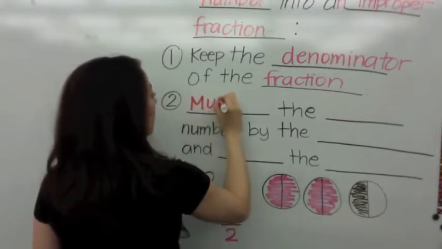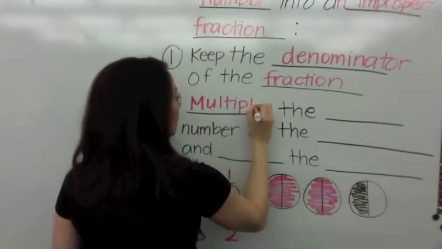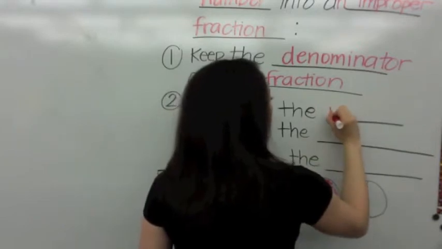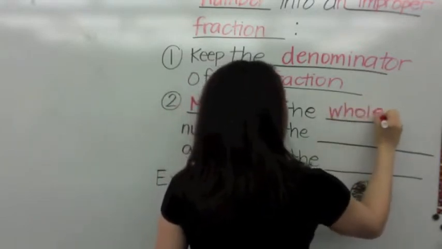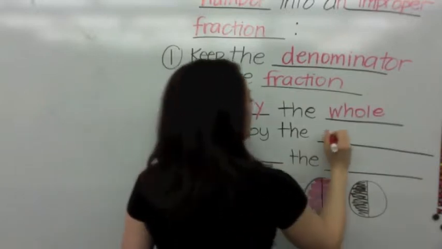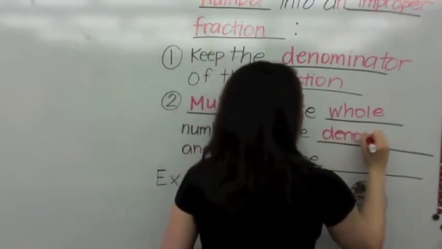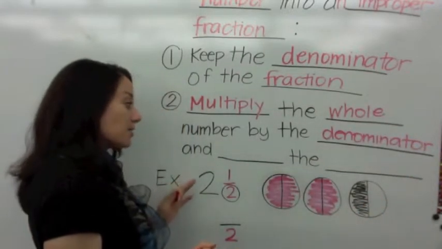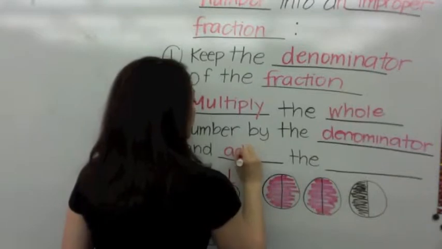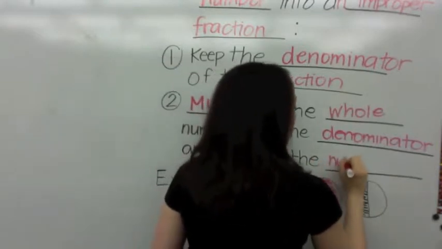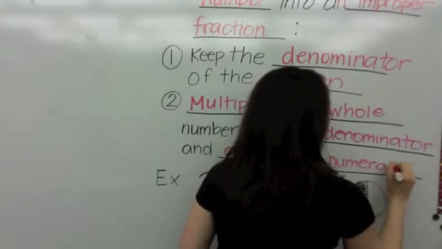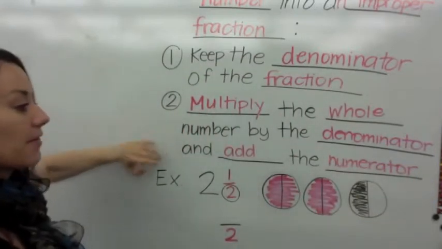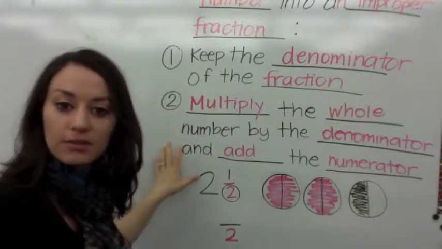So you're going to multiply the whole number by the denominator, and you're going to add the numerator. So write that down. Multiply the whole number by the denominator and add the numerator. Now that sounds very complicated, doesn't it?